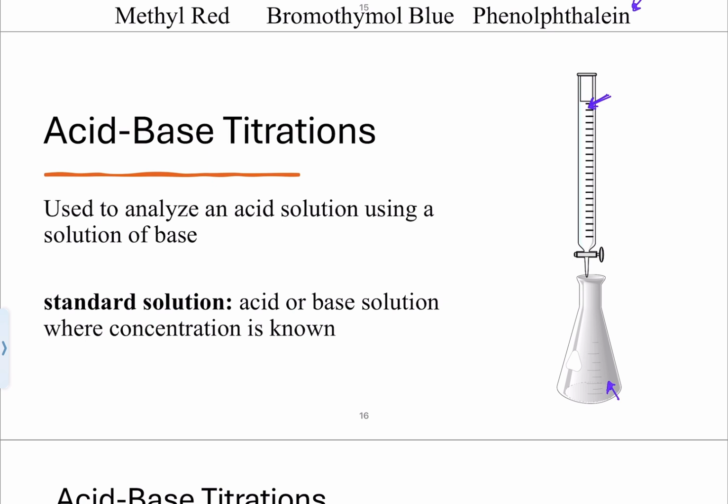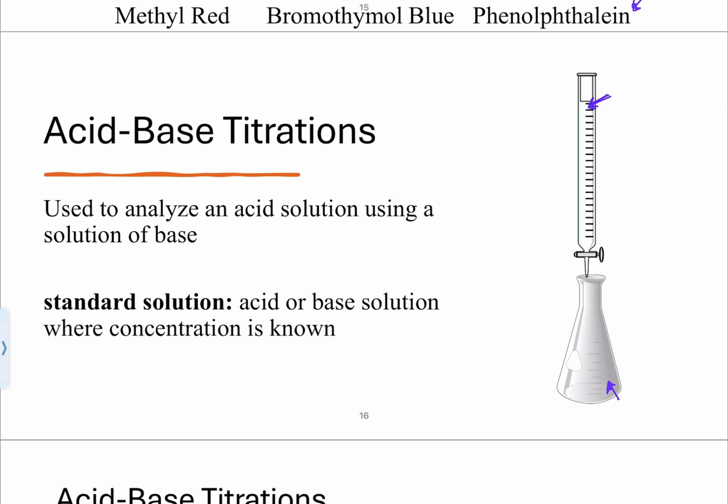So this is your setup for a titration over here to the right. You have a flask down here. The flask is going to contain your unknown solution, and you're going to have your pH indicator in with it, such as phenolphthalein that we talked about before. This apparatus up here, this is your burette, and this is going to read the volume that's delivered.